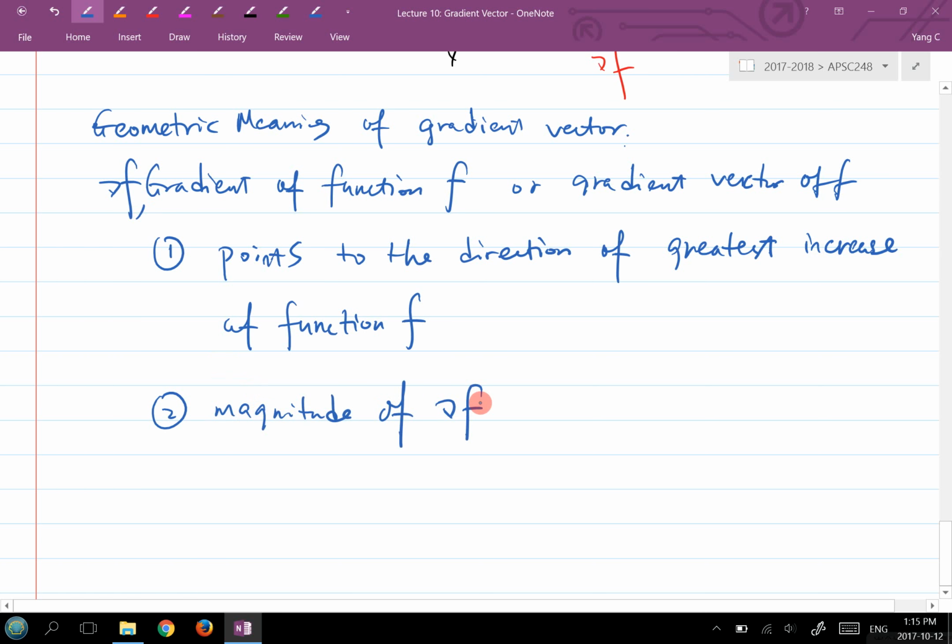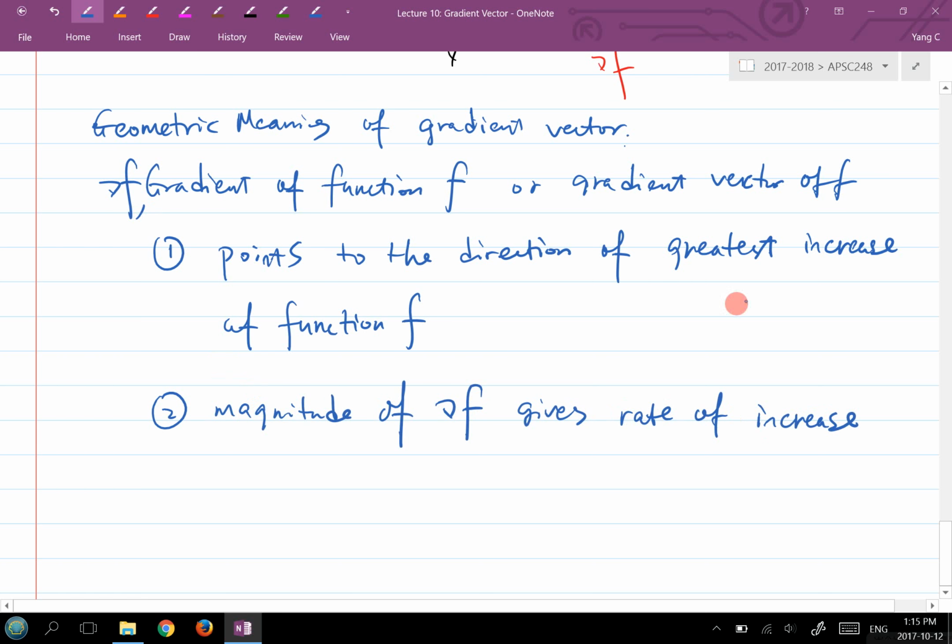The magnitude of this gradient vector del f will give you the rate of change, or rate of increase. I won't prove these two conclusions here, but I will provide you the proof once we finish the directional derivative.